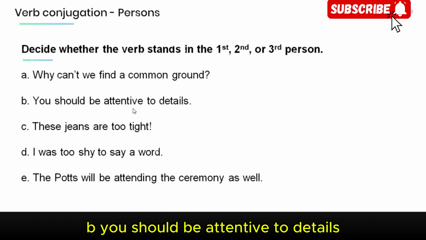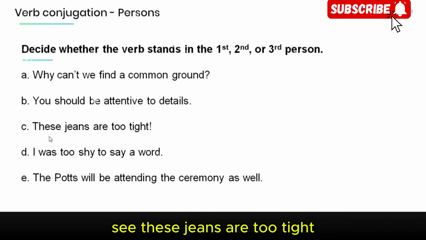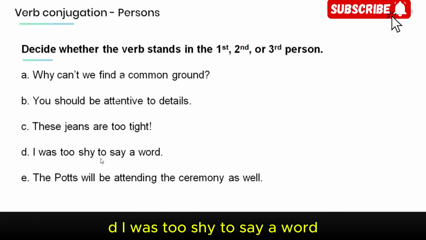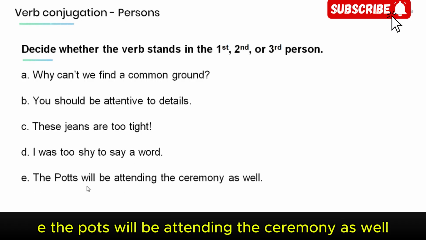B. You should be attentive to details. C. These jeans are too tight. D. I was too shy to say a word. E. The pots will be attending the ceremony as well.